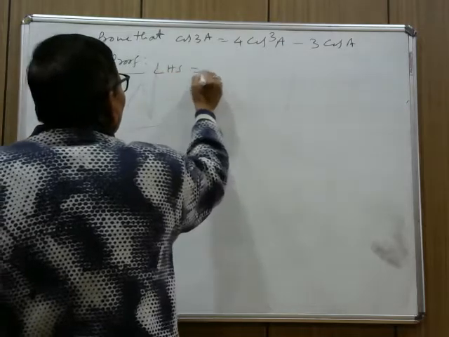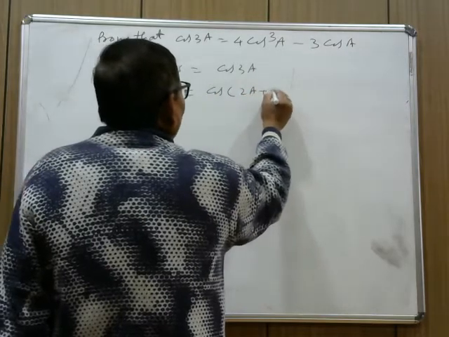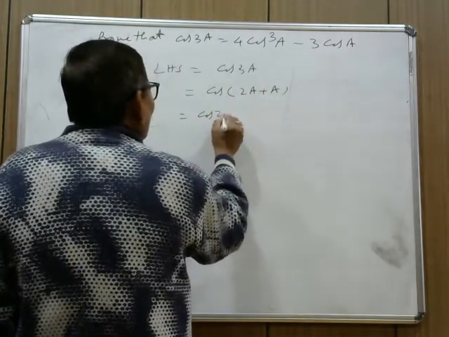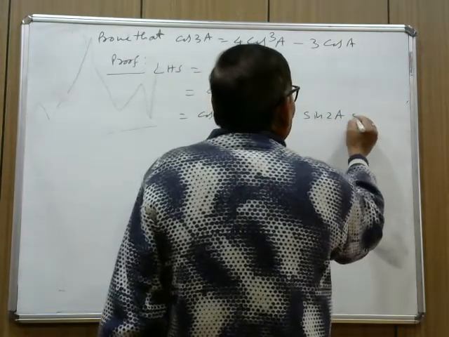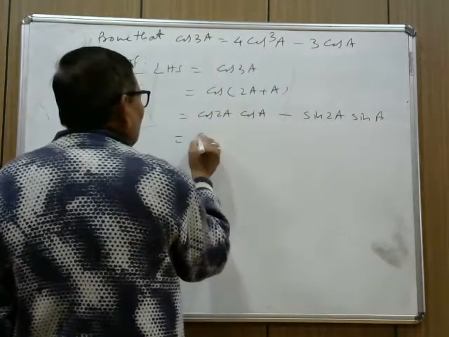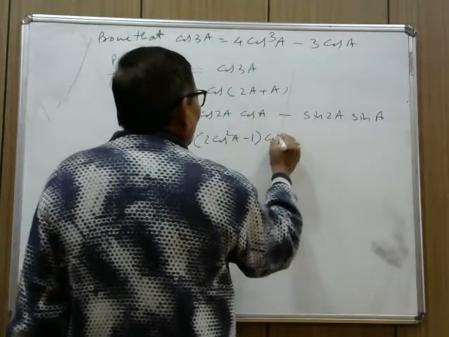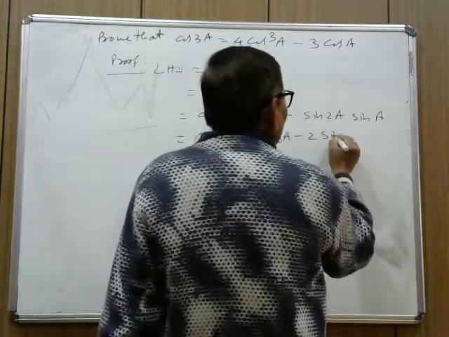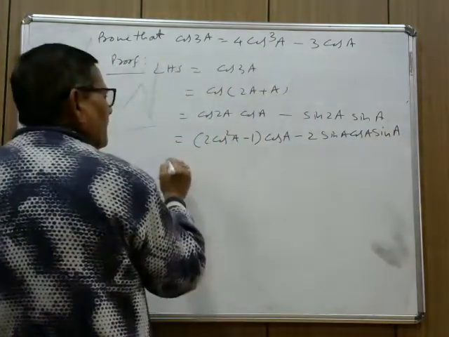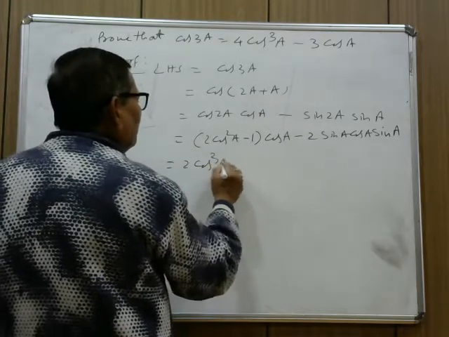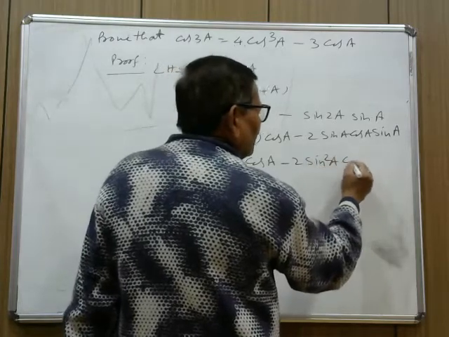LHS is equal to cos 3A, that can be written as cos of 2A plus A, that is equal to cos 2A cos A minus sin 2A sin A. This can be written as 2 cos square A minus 1 into cos A minus 2 sin A cos A into sin A. It is 2 cos cube A minus cos A minus 2 sin square A cos A.